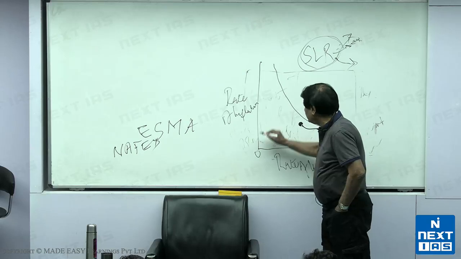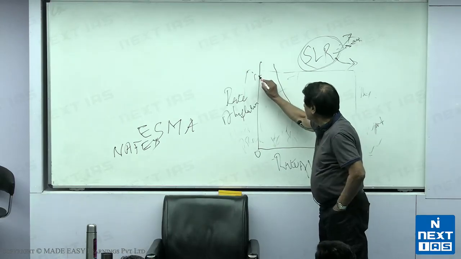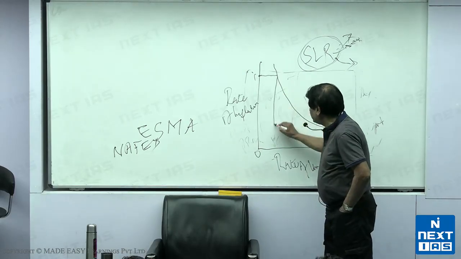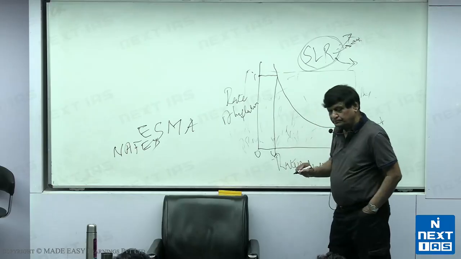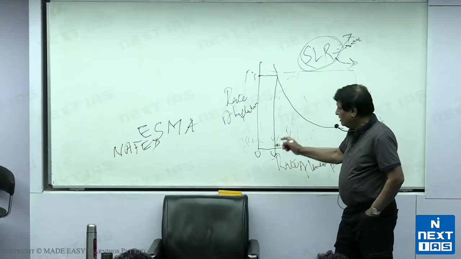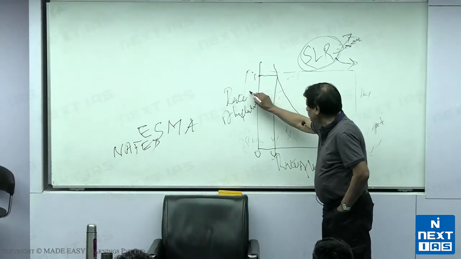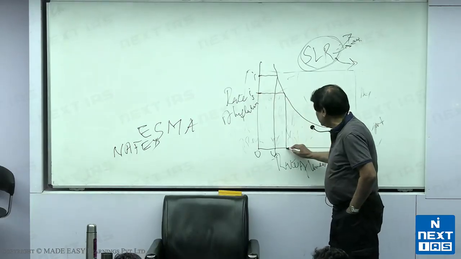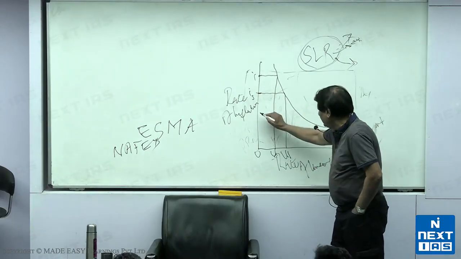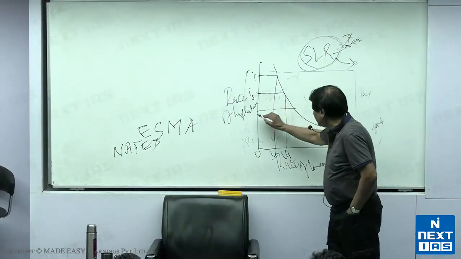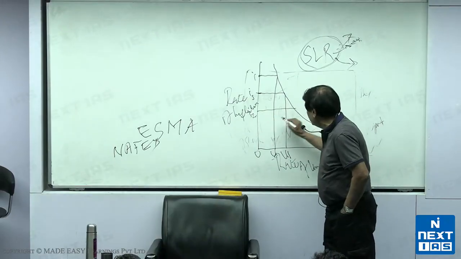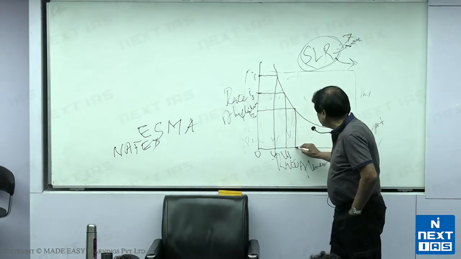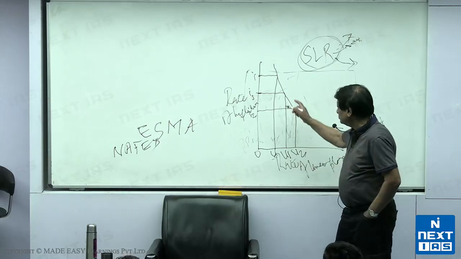If rate of inflation is OI, rate of unemployment shall be OU. If rate of inflation falls to OI1, rate of unemployment rises to OU1. If rate of inflation falls further to OI2, rate of unemployment rises to OU2.